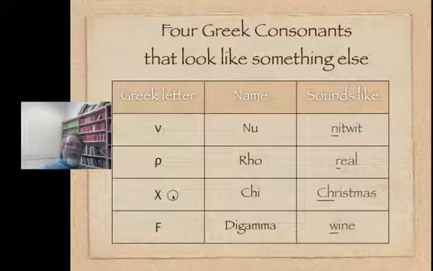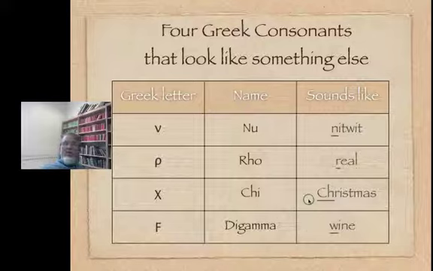This thing that looks like an X is really a sound like KH. It's a K sound that lets some air out afterwards. So it's something like kh, kh, kh. This letter, when it occurs in Greek words that are then imported into English as English words, gets represented as a CH.